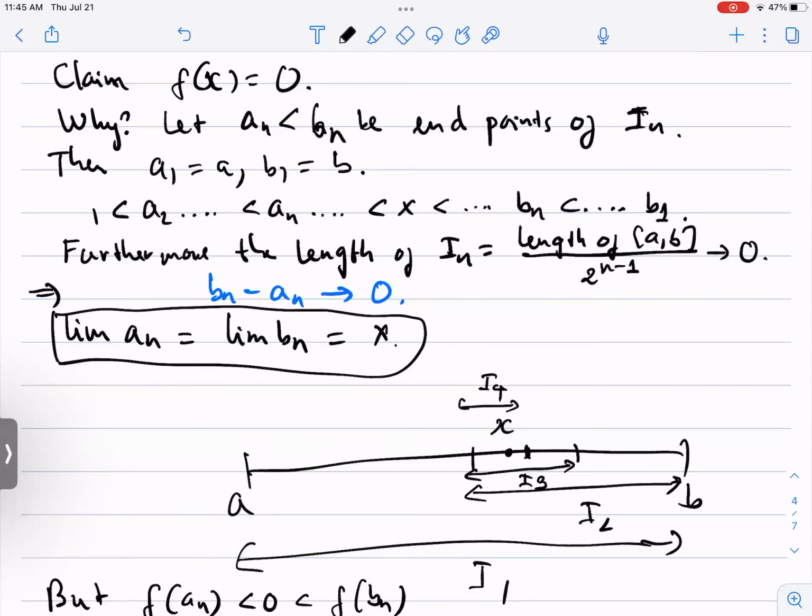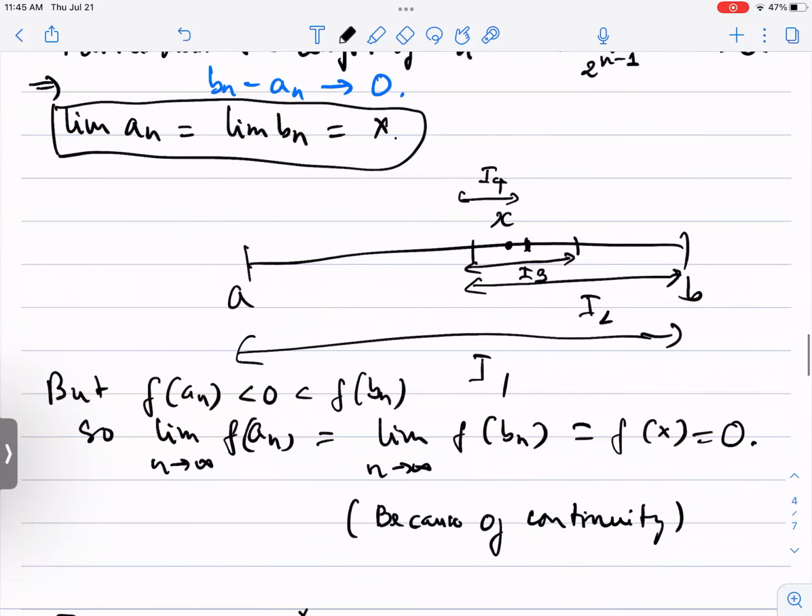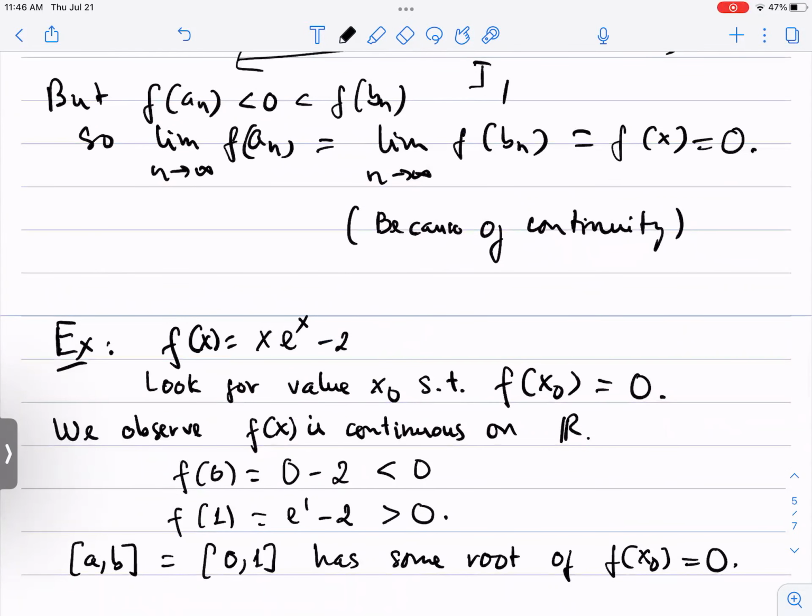So being 0 is the stopping condition. Being not equal to 0 is the condition to take this process forever, infinitely many times. That's why the common point in all the intervals must be related to that special condition. And that's why the common point x must satisfy f of x equal to 0. And that is the idea of the proof.